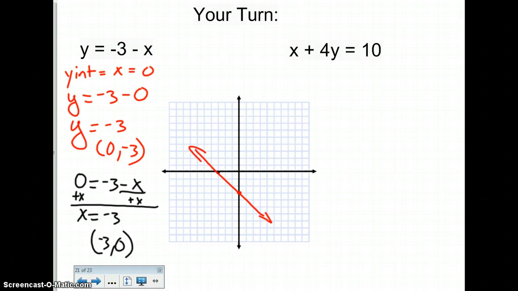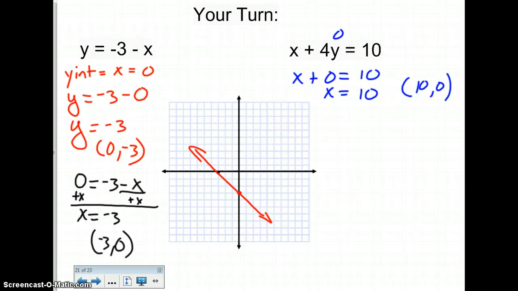The next one, again, if I want to find the x-intercept, I let y equal 0. When we do that, x plus 0 equals 10. So x equals 10. And our ordered pair for that would be 10, 0. Now to find the y-intercept, I'll let x be 0.